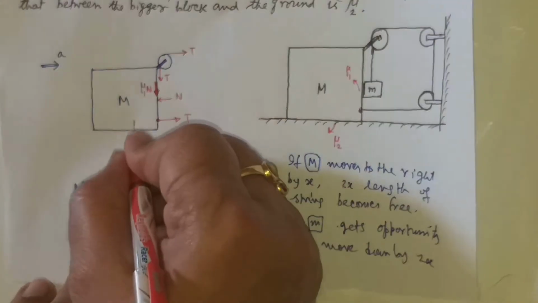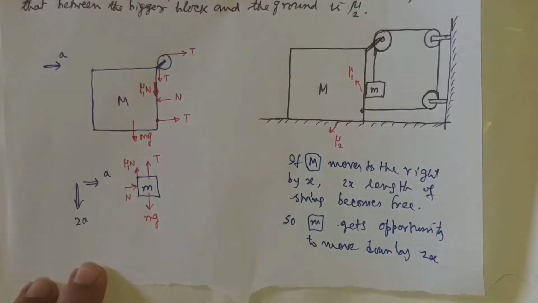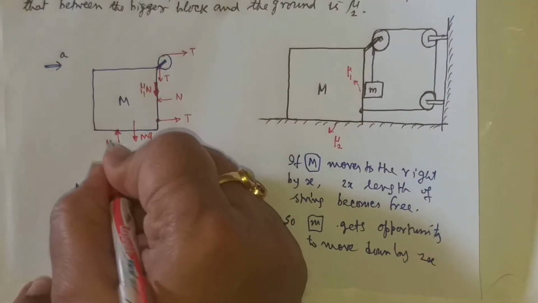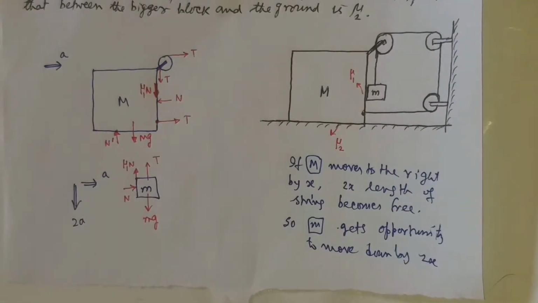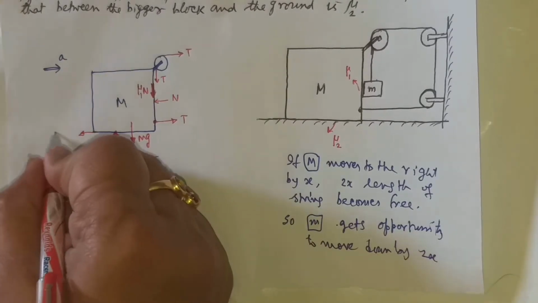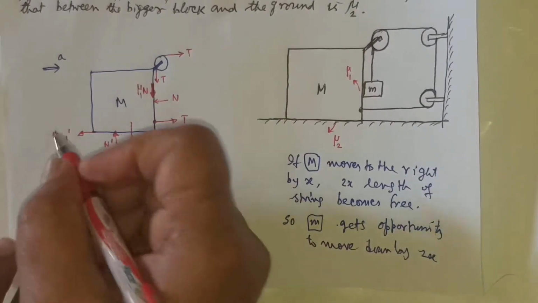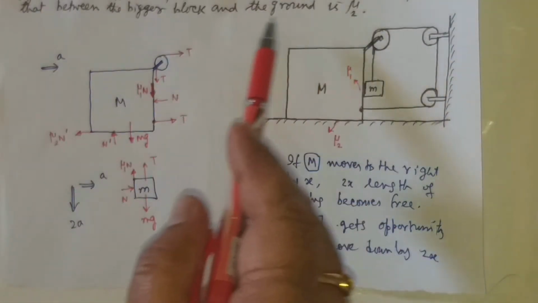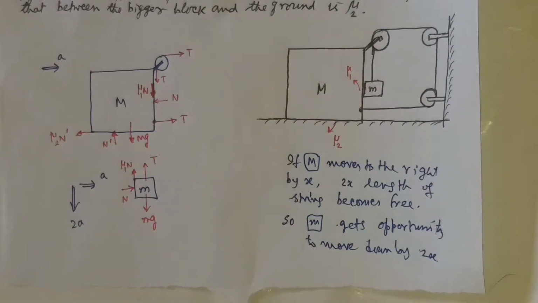Apart from that, there will be capital Mg, and a normal reaction from the ground, let's call it N dash, and as it moves over the floor, the friction will be acting here, mu2 into N dash. Here mu2 is the coefficient of friction between the block and the ground.